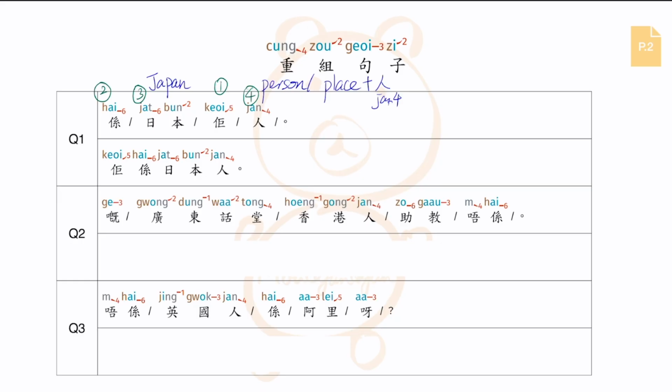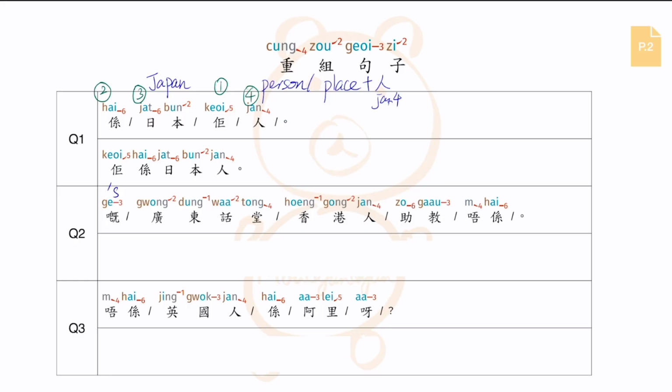It means he is Japanese or she is Japanese。第二題，跟我讀一次，嘅廣東話堂，香港人助教唔係。What is the meaning of 嘅？ It is apostrophe s, right?